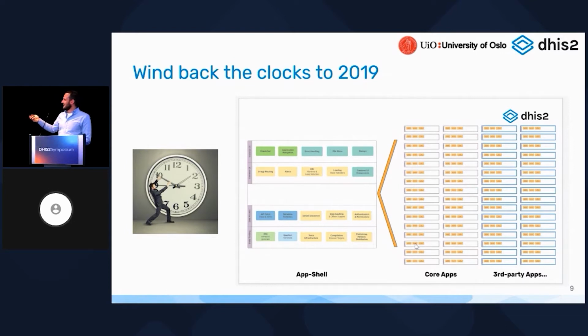So the third-party applications and the core applications share a lot of the same componentry, so they shouldn't be duplicated across all of those places. And this isn't just a thing for developers. I think that's important to remember, is that as a user of DHIS2, every single user of DHIS2 also navigates through these different applications.